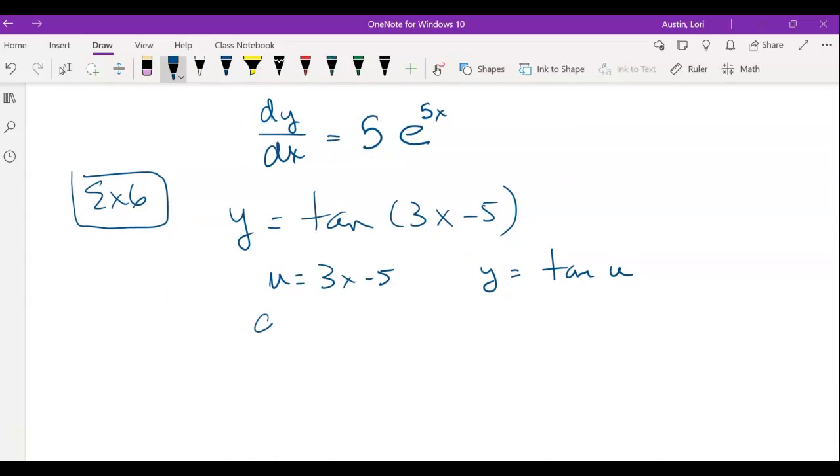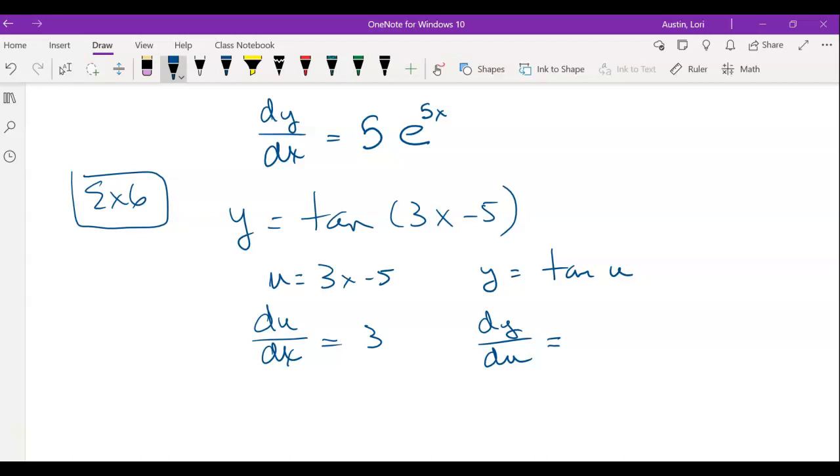Derivative of each with respect to x is 3. Yes. Remember, I told you you've got to memorize those. I gave you all the trig functions and said it's up to you now. You just got to memorize them all.